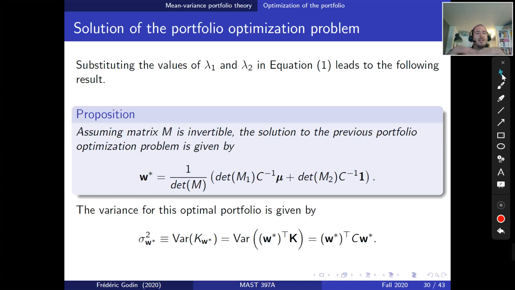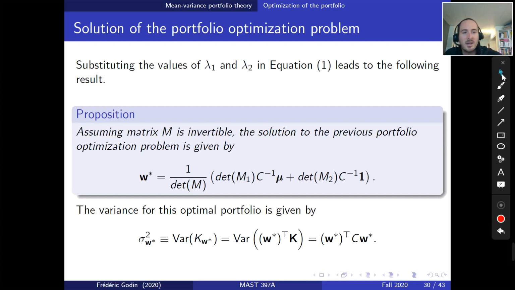One quick detail I haven't mentioned explicitly, but which is very important, is that here we only considered portfolios without the risk-free asset. We've assumed we've invested only in the N risky assets, and we haven't included the risk-free asset of return R in our optimization.